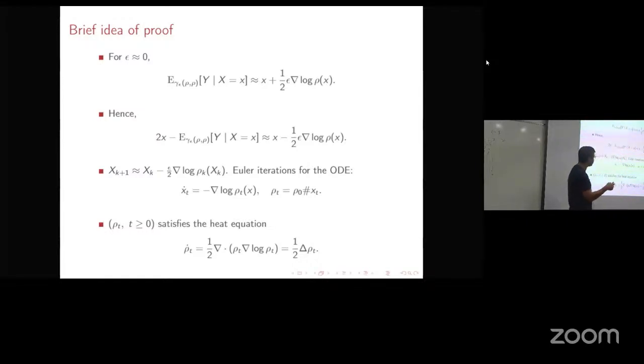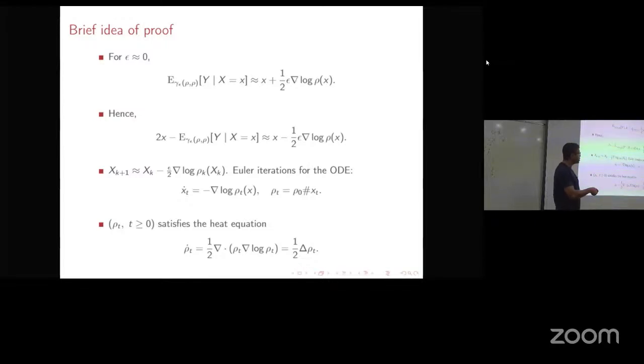And now you see some magic happening. Why twice identity minus the barycenter? Because if you plug in this approximation, what you're doing is x minus epsilon over 2 gradient of log rho. And now this discretization of this dynamics is telling you that your x_{k+1} is approximately x_k minus epsilon over 2 gradient of log rho_k of x_k.